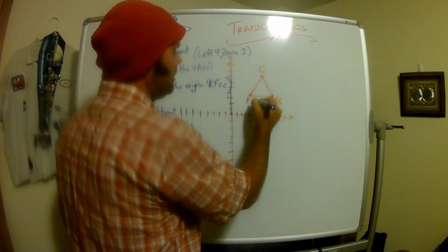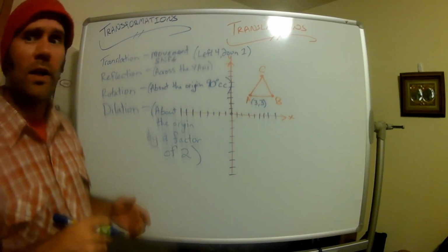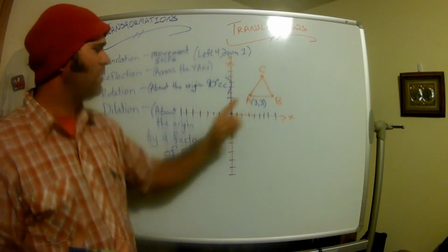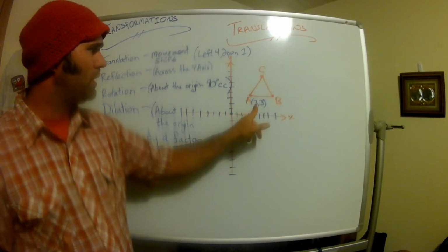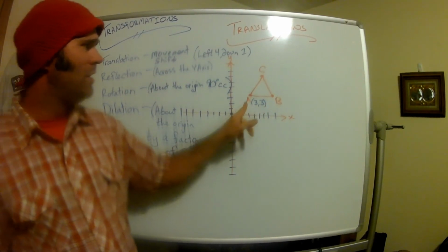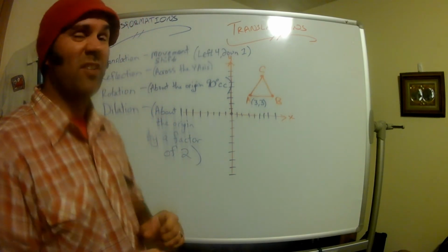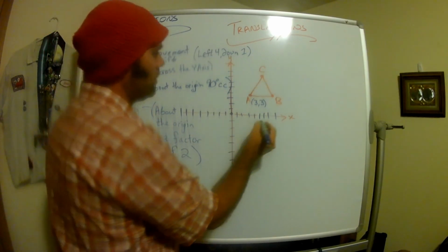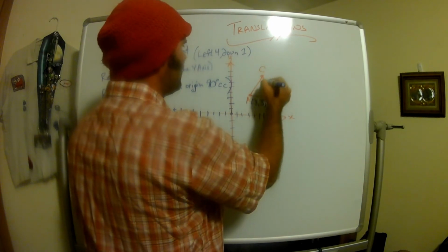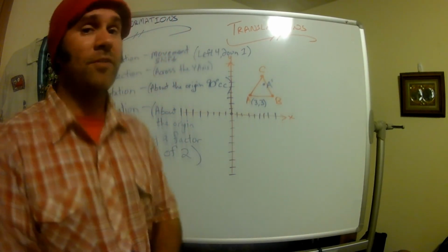You could have (3, 3) as point A, and we're going to take each of our numbers and multiply them by 2. So 3 times 2 is 6, 3 times 2 is 6. So our A prime, which will be our image, will become (6, 6). We go right 6, up 6, and here is A prime.